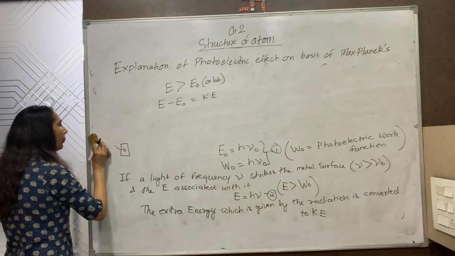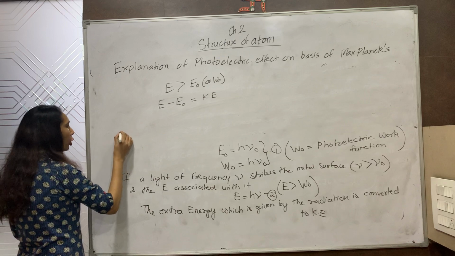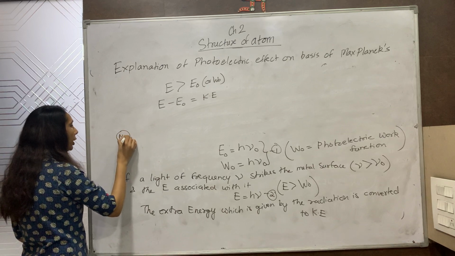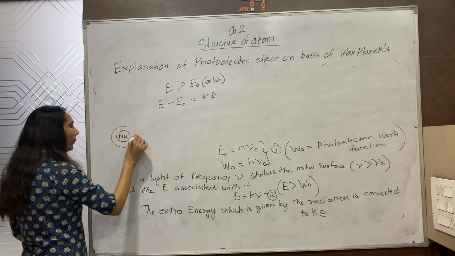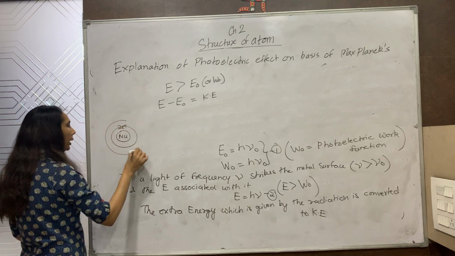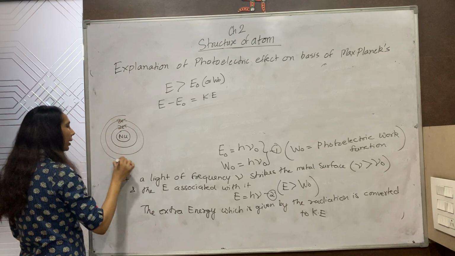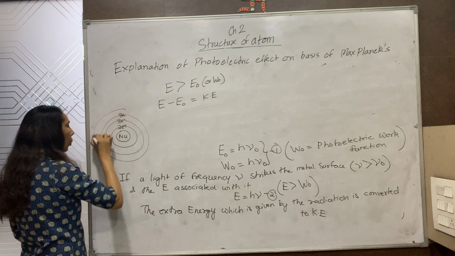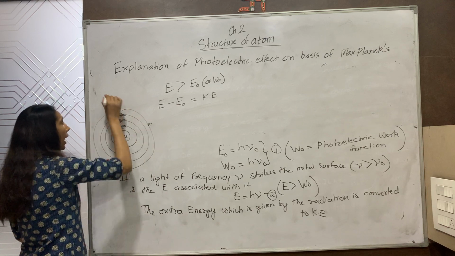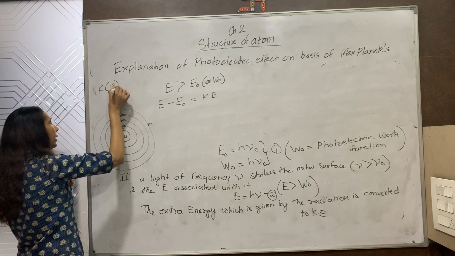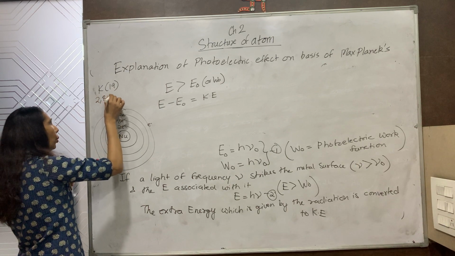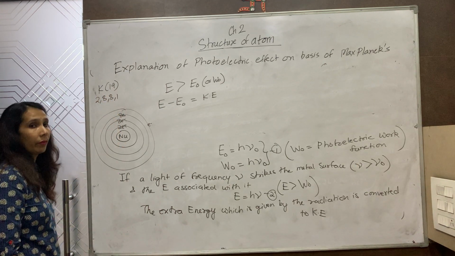I'm just giving you an example. This is the potassium metal. You know potassium metal has the nucleus, and its configuration is 2, 8, 8, 1. You know potassium has the atomic number 19, so the configuration is 2881.